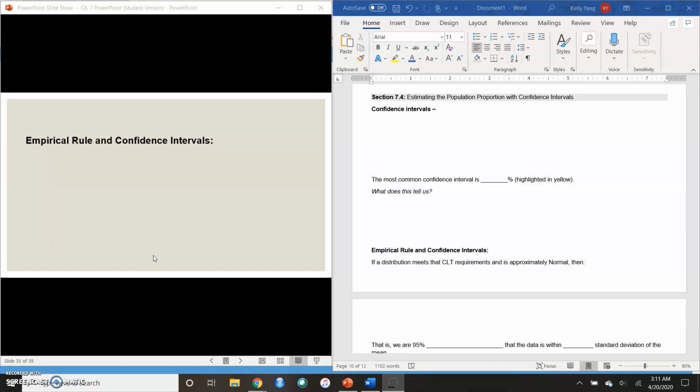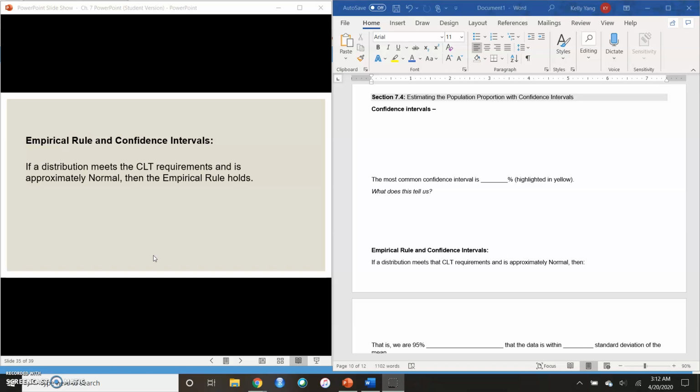Let's look at how the empirical rule applies to confidence intervals. So I hope that you remember what the empirical rule is. The empirical rule tells us that 68% of the data are captured within 1 standard deviation, 95% is captured within 2, and then 99.7% is captured within 3.